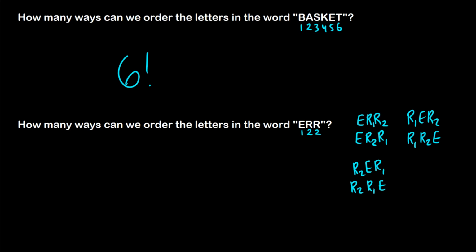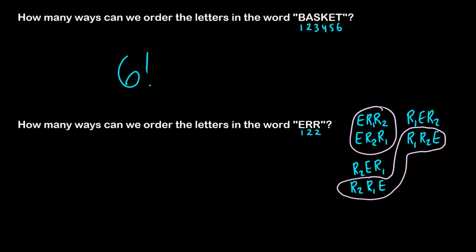But what we notice is that ER1R2 and ER2R1 are really the same thing, because in words, an R is an R. We also see here that R2R1E and R1R2E are pretty much the same thing, and so is R2ER1 and R1ER2. So really, we don't have 6 different possible ways to do this. We have 3.